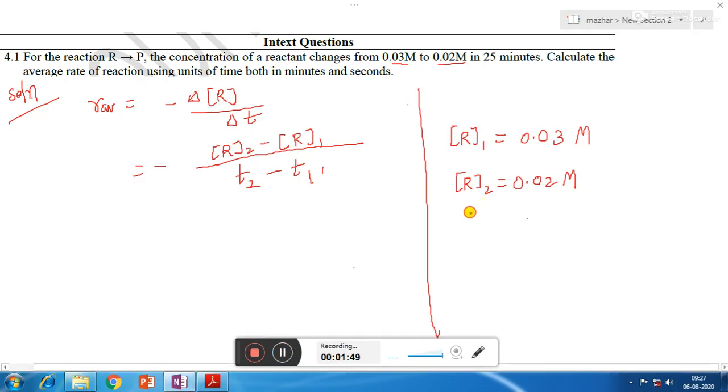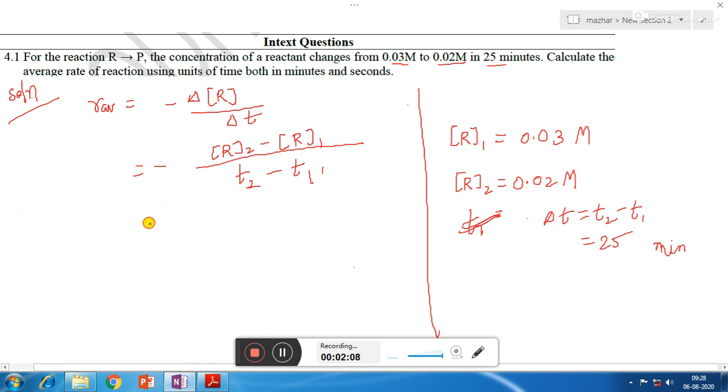Now here delta T is already given, 25 minutes, so that is nothing but T2 minus T1, so T2 minus T1 equal to 25 minutes.